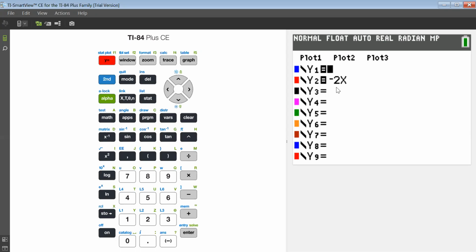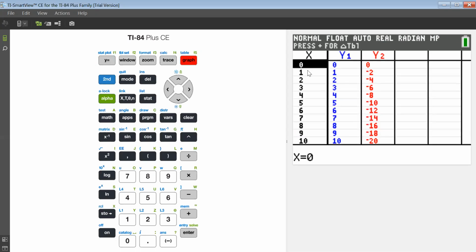For every 1 x value it increases, if we look at the table, what's happening to the y? Well, it's decreasing. The parent function was 1 to 1, as you notice. Notice the y value is -2 to 1, -4 to 2, -6 to 3. That ratio results in -2.